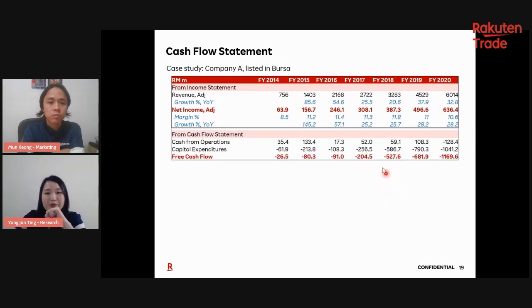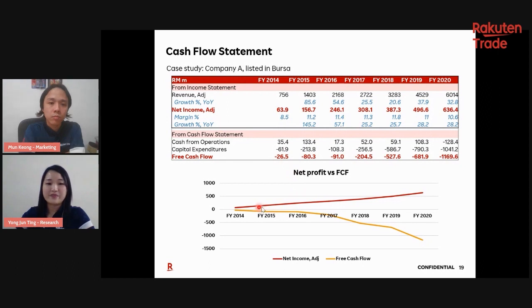And then when I pick up the free cash flow segment and calculate the free cash flow, I noticed that the trend has actually diverged. Net profit is growing higher and higher, but your free cash flow is diverging from your net profit. And remember that net profit is not equal to cash flow.